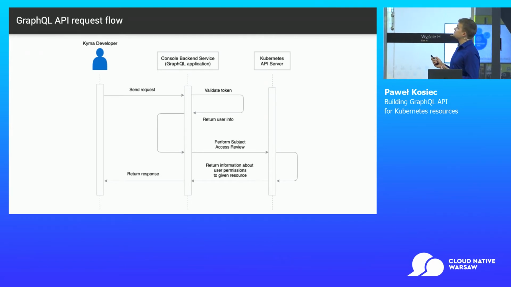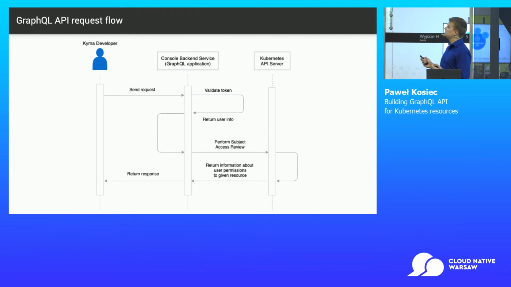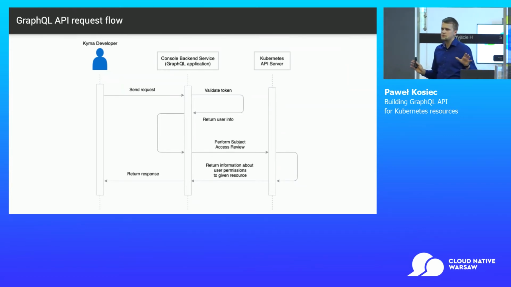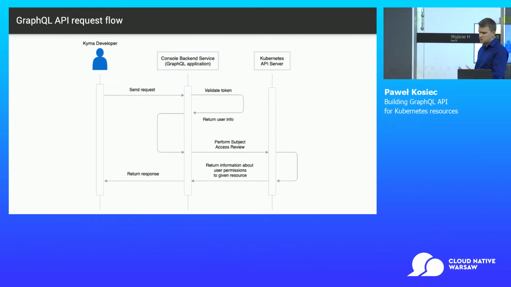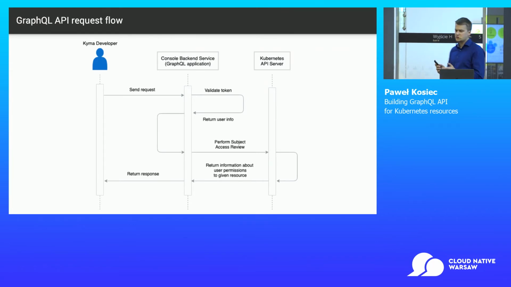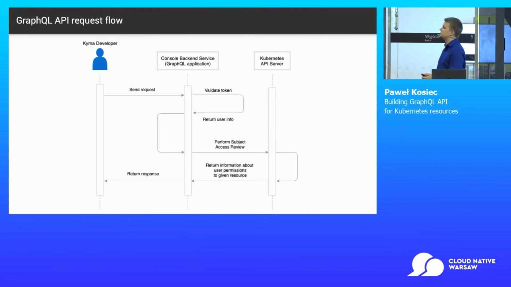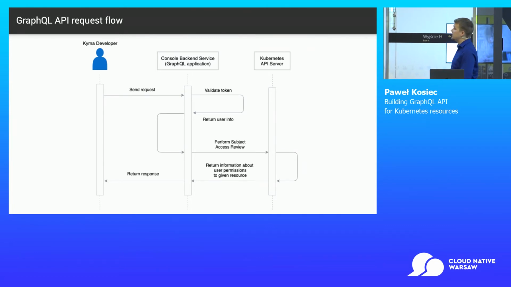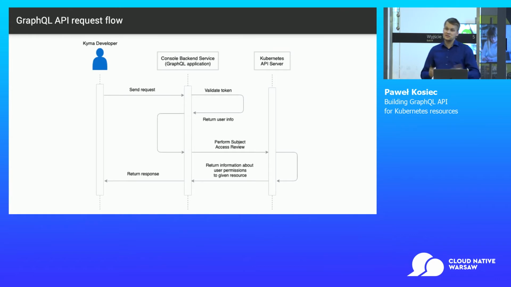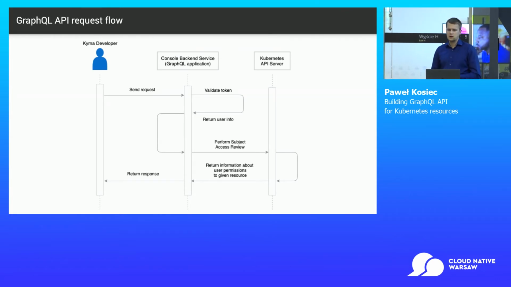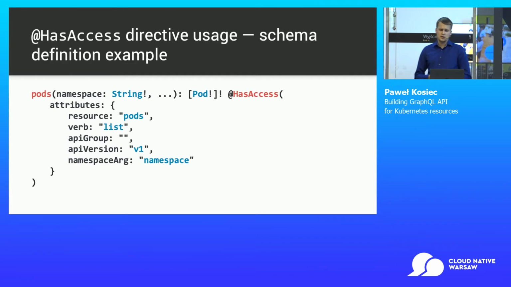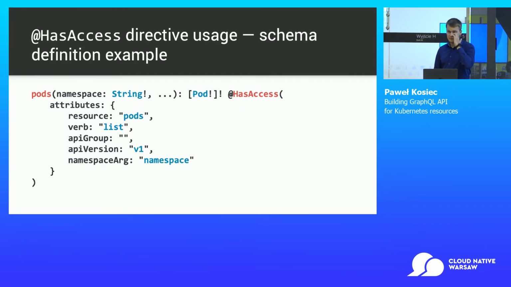Then in the GraphQL directive, which is a GraphQL middleware, we do a subject access review. When we find out whether the user can or cannot access this kind of resource in the given namespace, we return a response.